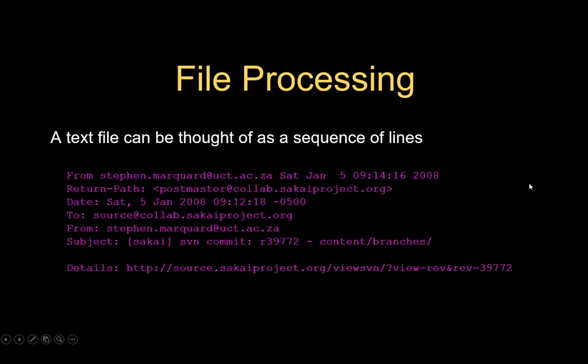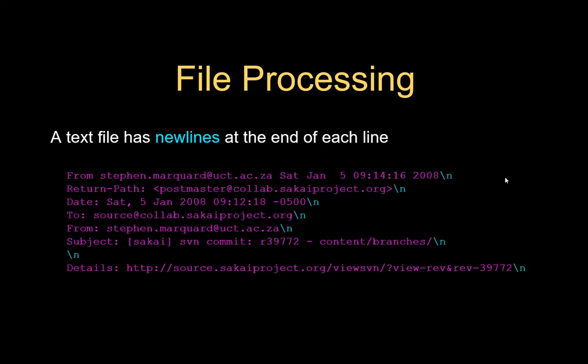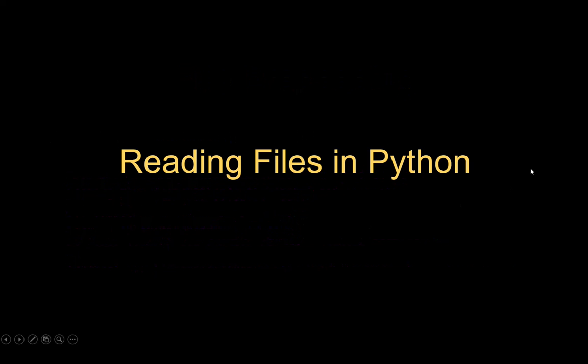That's what we're going to deal with mainly when we talk about files in this course. We have to be mindful that at the end of each line there is a \n, which identifies a new line for us. We don't see it, but it's there. So how are we going to read a file in Python?